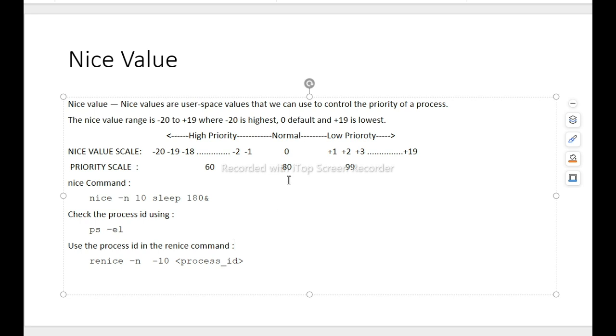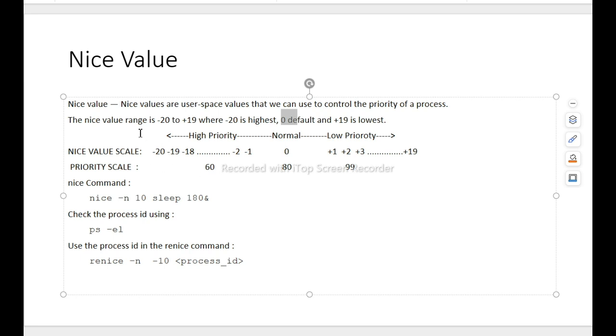The nice values can range from -20 to +19, where -20 is considered to be the highest priority and +19 is considered to be the lowest. 0 is considered to be the normal nice value. So it is through the nice value that the priority of the processes is controlled.